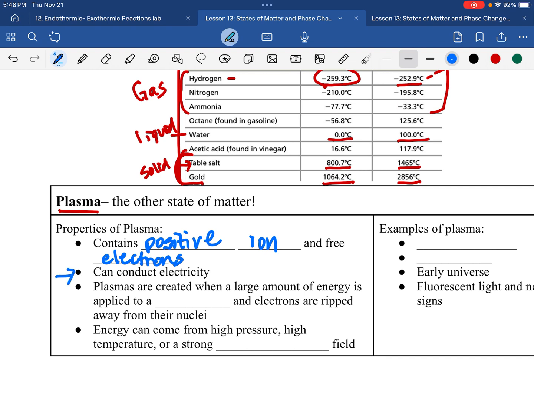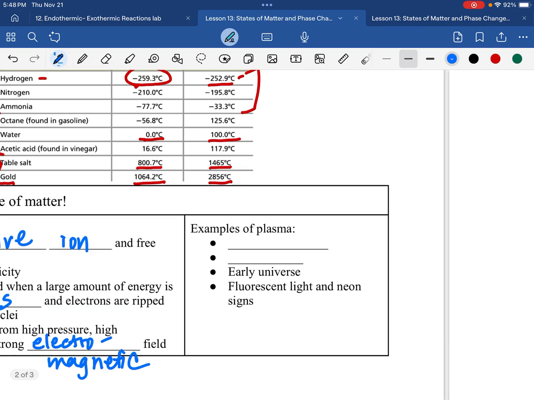Plasmas are created when a large amount of energy is applied, like I just said, to a gas, and the electrons are ripped away from their nuclei. Energy can come from high pressure, high temperature, or a strong electromagnetic field. Interesting. So here are some examples of plasma.